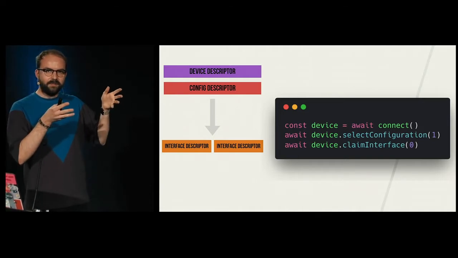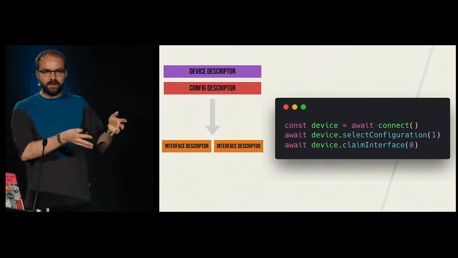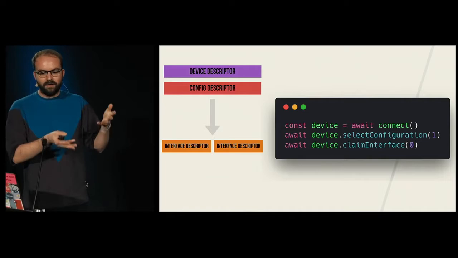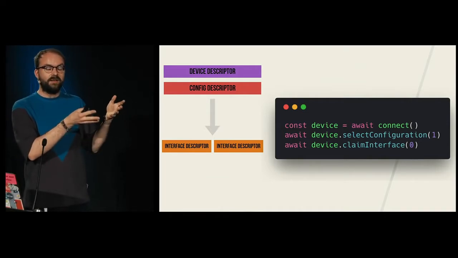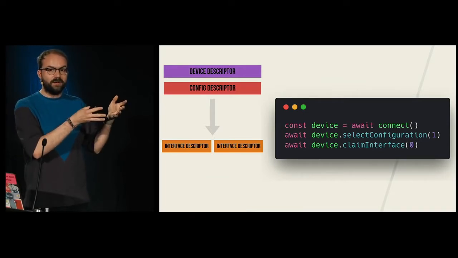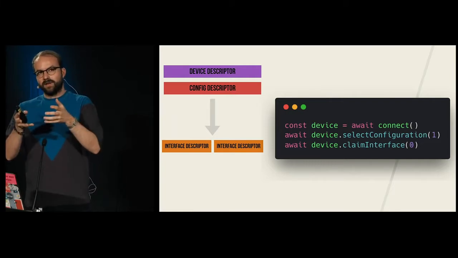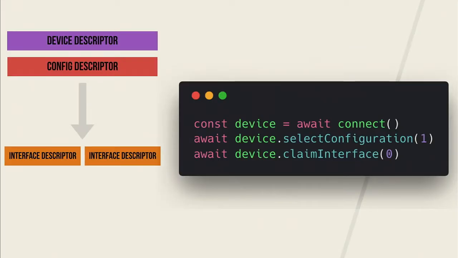If you have one of these multi-purpose devices, like a printer that is also a scanner, usually it will use one interface for the printing functionality and a different interface for the scanning functionality. So you basically just choose the features you want to use. And in JavaScript, you can use the claim interface method with a numeric value in order to do so.